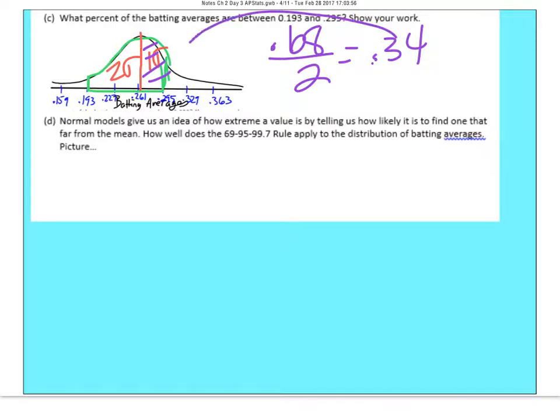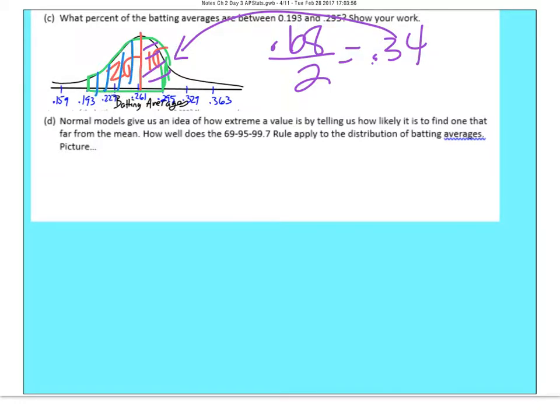So I know that this first shaded area is 34%. Now to find the other side of it, over here, which is 2 standard deviations, I know that 95% of the curve is 2 standard deviations, but I only want exactly half of it.